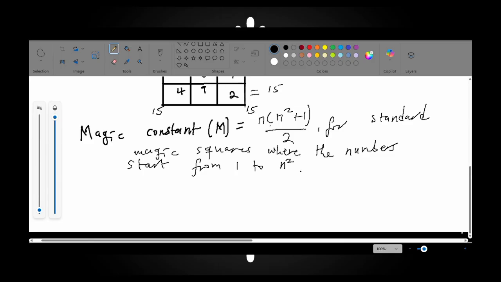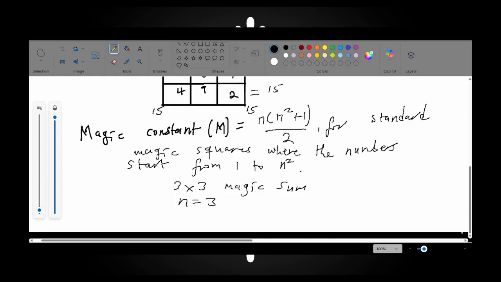And since we're talking of a 3 by 3 magic sum, that means our n is equal to 3 in the formula.